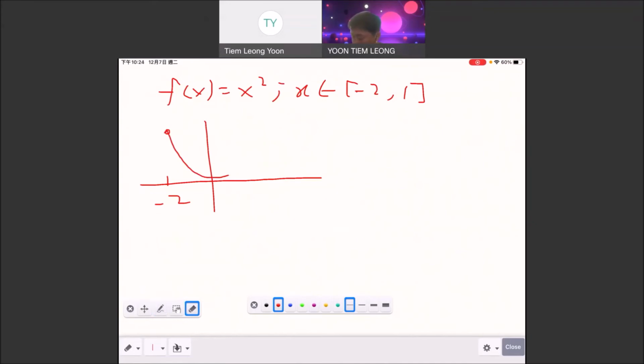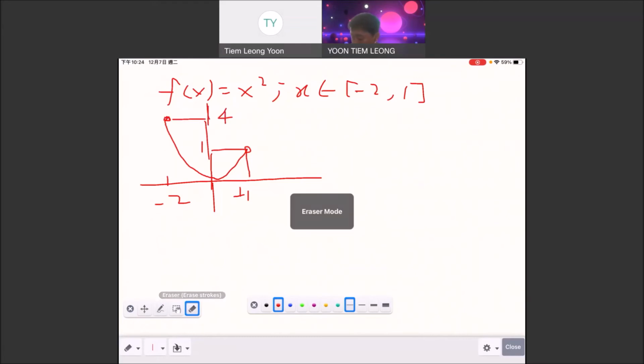Okay, so the function goes from here, and then it touches 0, and goes to 1. So here the value is 1, and here it is a value of 4. Okay, so this is the function that we are expected to get.